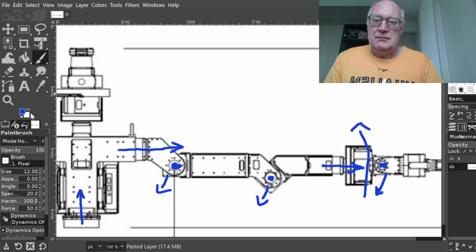And we can also then assign, like we did previously, the Z-axis. We said X is pointing forward and Y is pointing to the left.